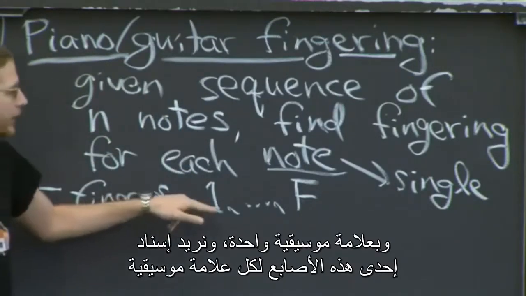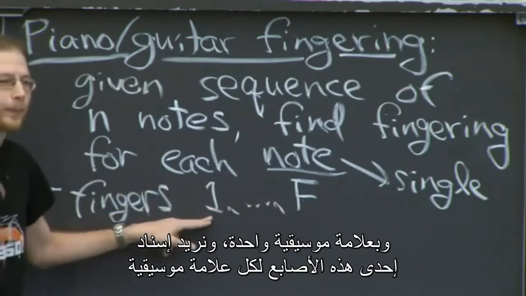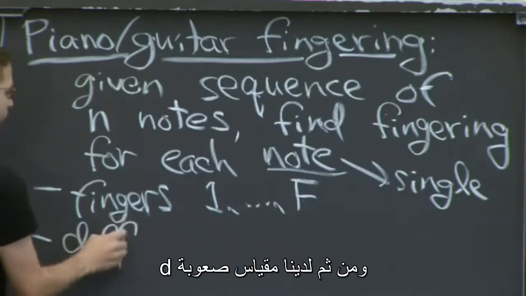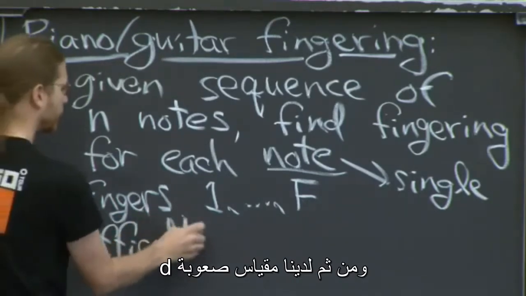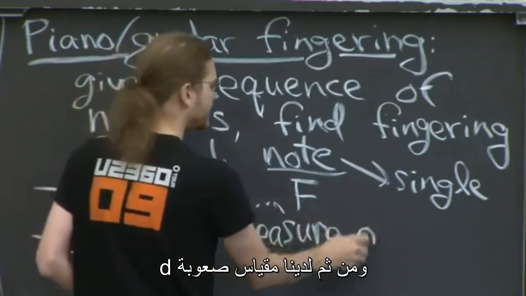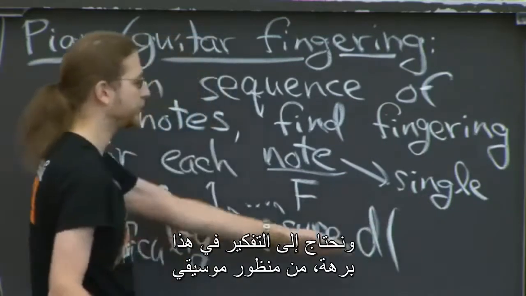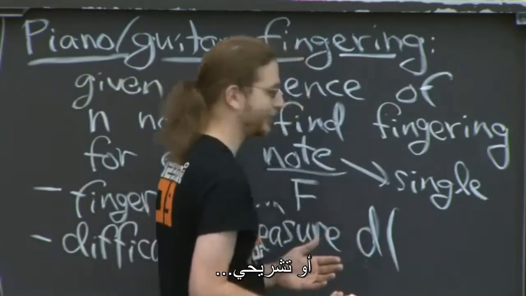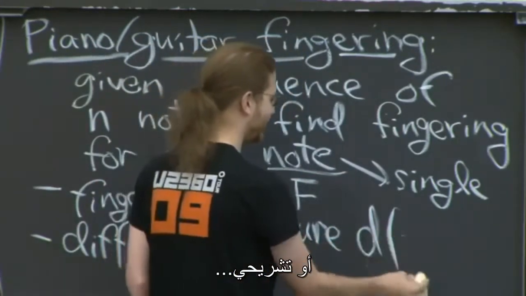You want to assign one of these fingers to each note, and then you have a difficulty measure, D. You need to think about for a while musically or anatomically how to define it.